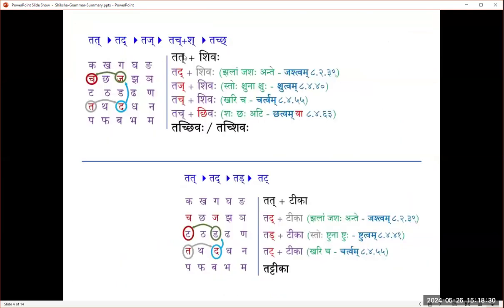If you see the progression, in a thing like Tat Shivaha in Paninian Prakriya, first Jashtva happens, because in the 8th chapter, second segment, 39th sutra itself, he has Jhalam Jashonte. So without minding what is there next, we switch according to his requirement.